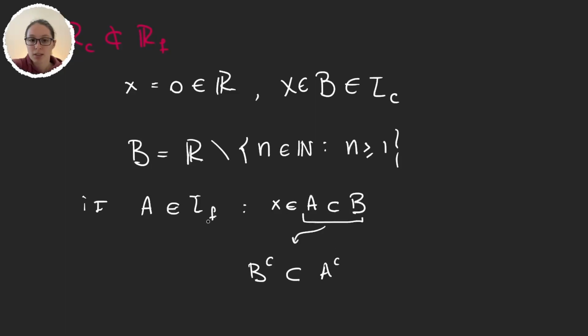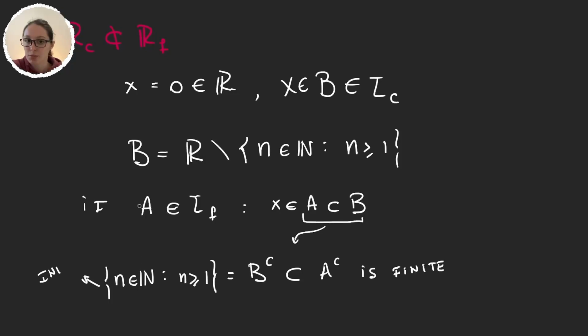A is in the finite complement topology, so A complement is finite. But B complement is the complement of this set. This is just the natural numbers greater than or equal to 1. So this is countable, but it's infinite.